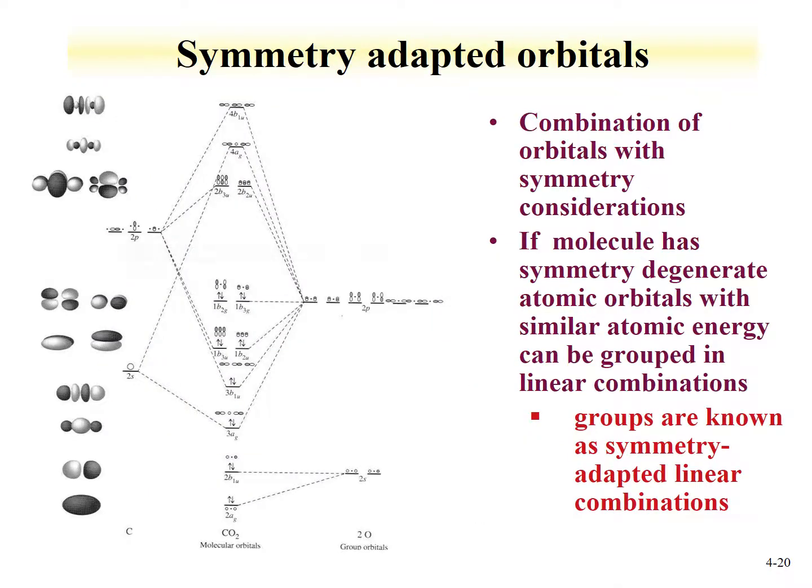More complex views of these molecular orbitals can be found using something called symmetry adapted linear combinations of orbitals. Here we look at the atomic orbitals and we match up the molecular orbitals by having the best overlap between the atomic orbitals. And this is for carbon dioxide.